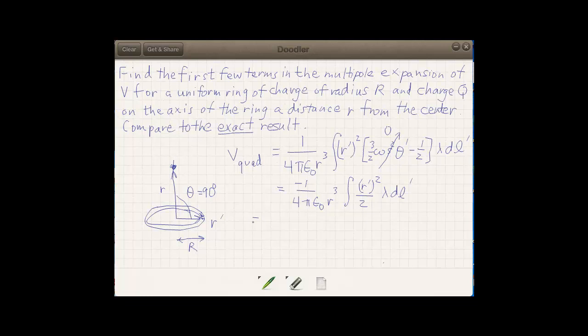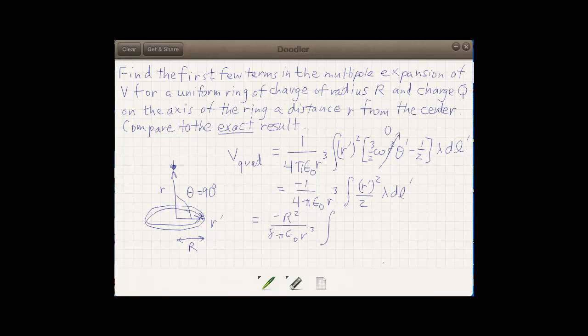So we're almost done. This is turning out to be much easier than it originally looked, and it's often the case in physics problems. We've got minus capital R squared. That comes from the r prime squared, all right, over 8 pi epsilon 0 little r cubed.